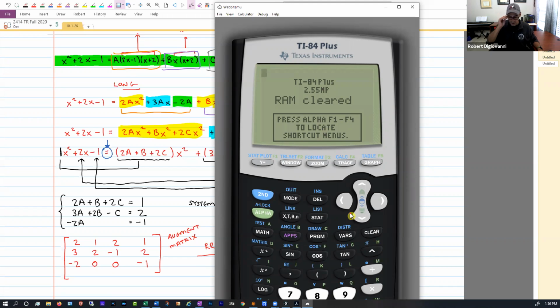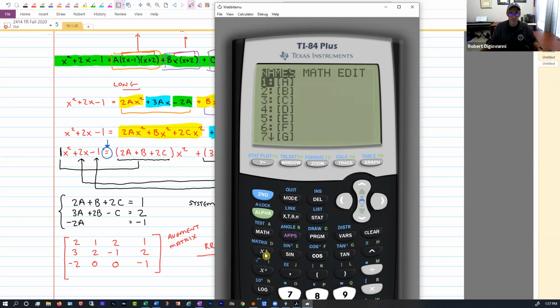All right, y'all ready? Here are the keystrokes. Clear this out first. First thing I'm going to do is bring up my matrix menu. So for me, the matrix menu is right here in blue. Some calculators actually have a matrix key. So I'm going to go matrix. And then I'm going to select math. To do that, I have to hit the right arrow. And then I'm going to scroll down until I see RREF.